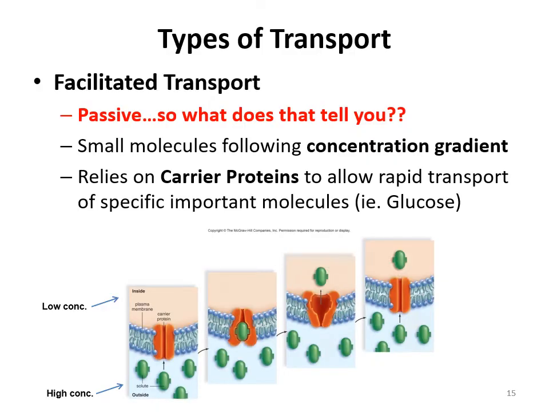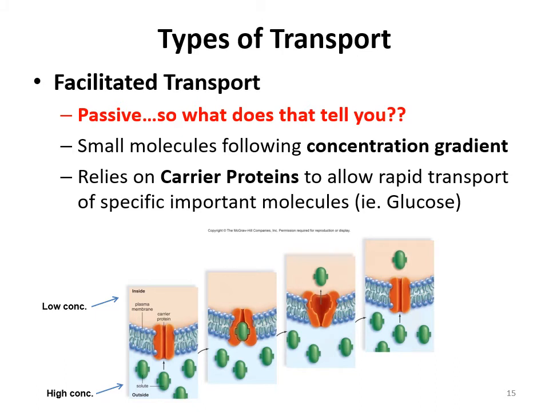The next type of transport that I want to talk to you about is facilitated transport. This is another example of passive transport, and when you see passive, that tells you two things. It tells you that facilitated transport does not require energy, so there's no energy here. The second thing it tells you is that the solutes, or the molecules that are moving, are going with the concentration gradient, meaning they will be moving from high concentration to low. So wherever there's a higher concentration of the solute, they will cross the carrier protein to get to the lower concentration.